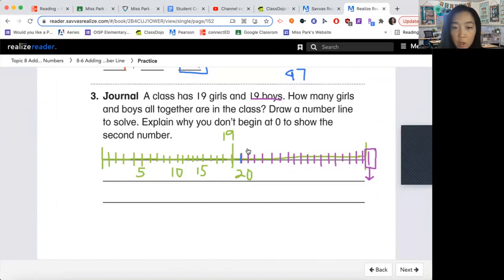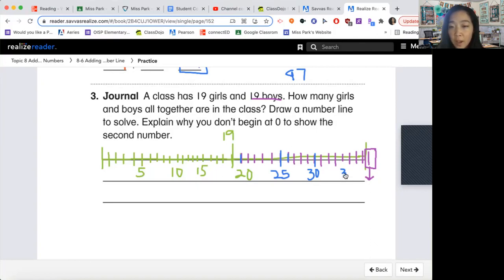So let's count on: 21, 22, 23, 24, 25. So this would be 25. 26, 27, 28, 29, 30. So this would be 30. 31, 32, 33, 34, 35.